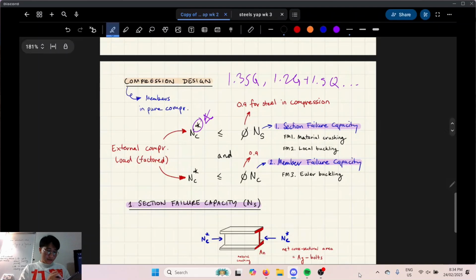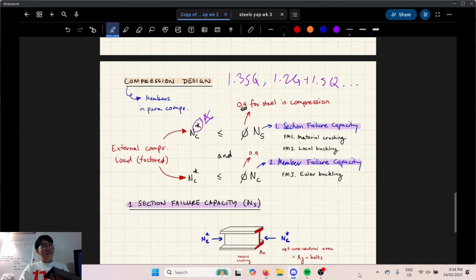The capacity reduction factor is also 0.9 in compression. No dramas there, because tension was 0.9 as well. Compression is 0.9. Flexure is going to be 0.9. That number comes from the consistency of the material in that action. It's probability based, and steel is incredibly consistent, so we only reduce the capacity we think it can withstand by 10%.